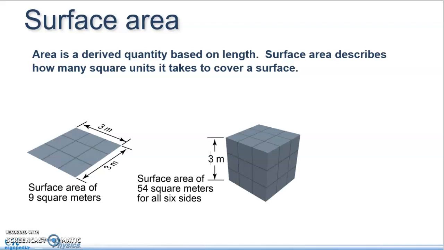All right, and then if you add volume, you just add the third dimension there, and that gives you, oh wait, no, we're still talking surface area. Okay, so the surface area of the entire cube now would be 54 square meters, because we'd have 6 sides with 9, or excuse me, 3 by 3, so 6 times 9 gives you 54.